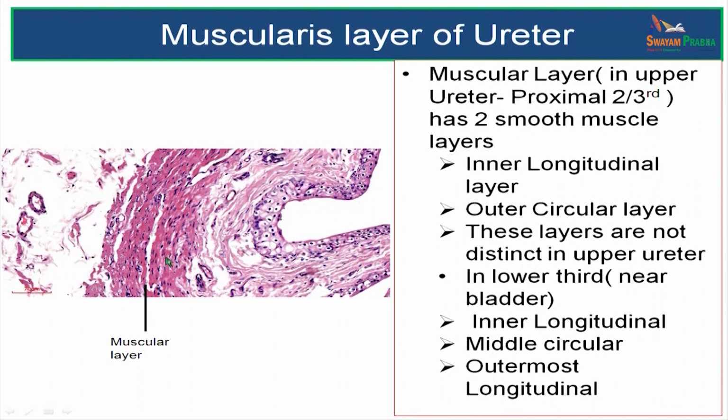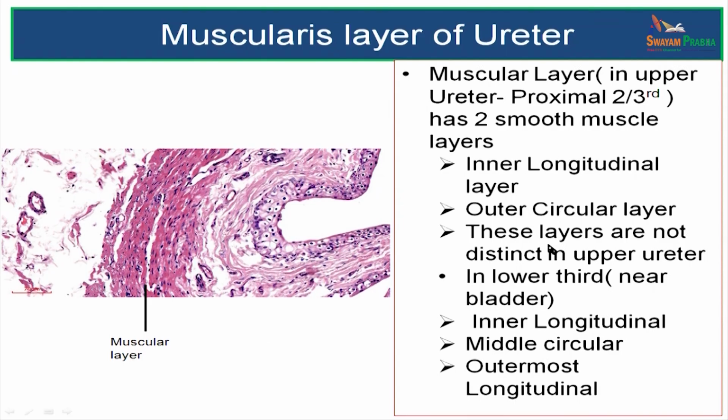Let us now study other layers in the wall of the ureter. Next to the mucosa is the muscular layer. There is a difference in the arrangement of the muscular layer in the upper ureter and in the lower third of the ureter. In the upper ureter, which is the proximal two-third, there are two layers of smooth muscle, that is an inner longitudinal layer and an outer circular layer.